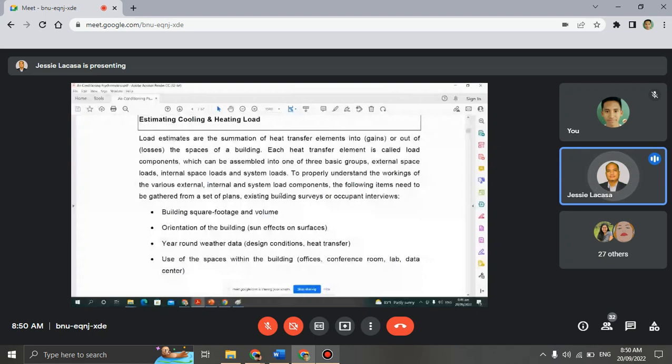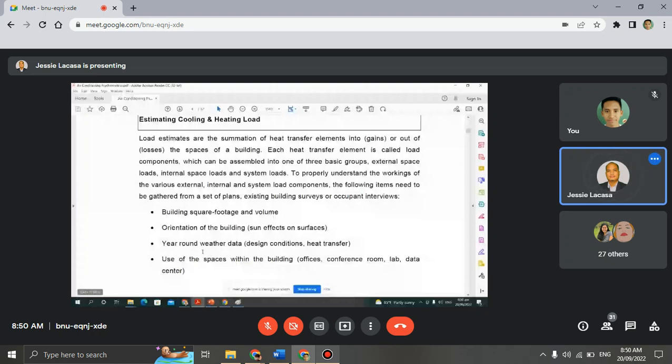You need a vicinity map showing where it will be installed. Once you design, you need the vicinity map and location, for example in Bohol, because the year-round weather data matters. The factors are the building square footage, how big the building is, the volume, the orientation of the building, which way it faces, and the year-round weather data.